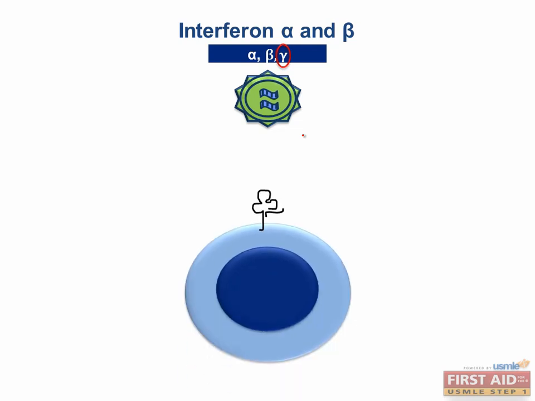Interferon gamma, we talked about that already. Remember, it was made by what cells? T cells, primarily, and it stimulated macrophages. But what else does it do? It actually has anti-tumor properties. So here's MHC1 receptor. And remember, MHC1 is the receptor that does what?